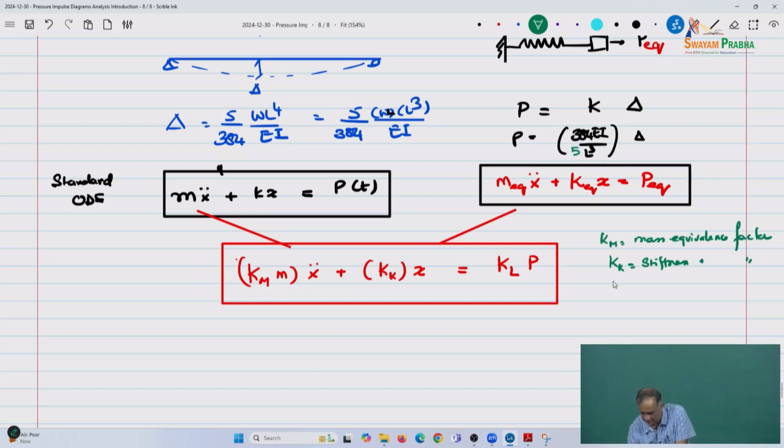And then you have your load equivalent, KL is the load equivalence factor, because this factor accounts for distributed loading, different types of distributed loading.